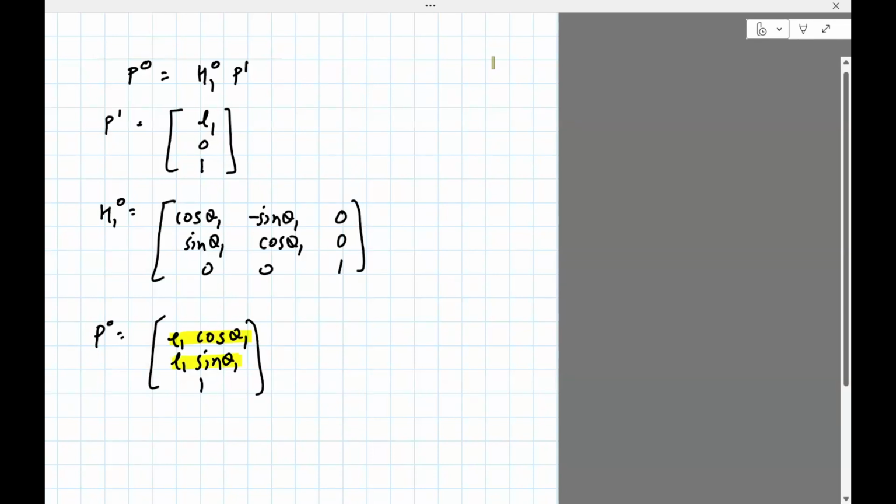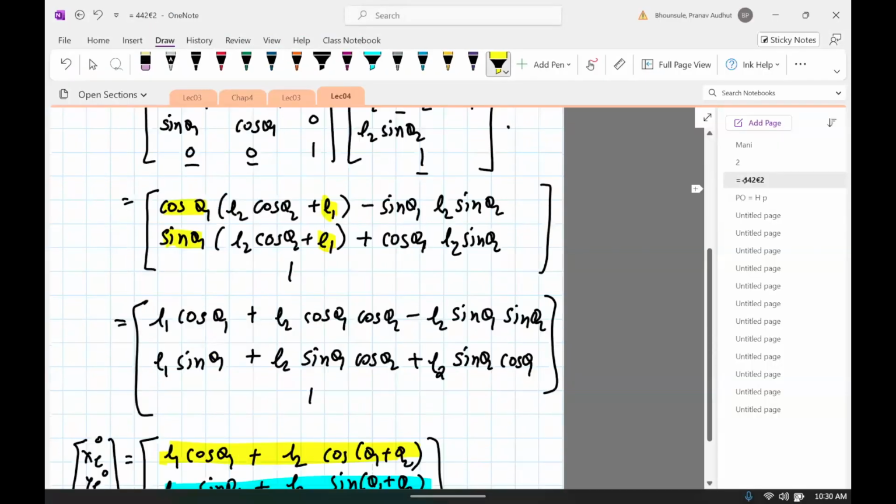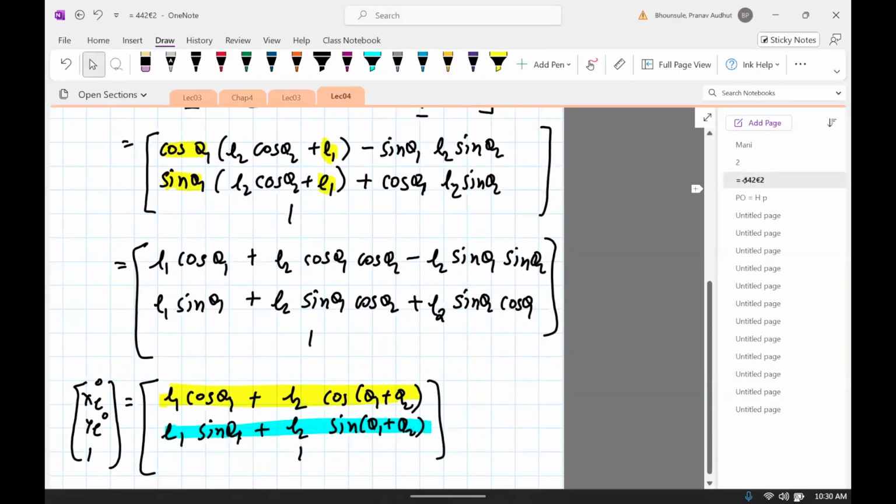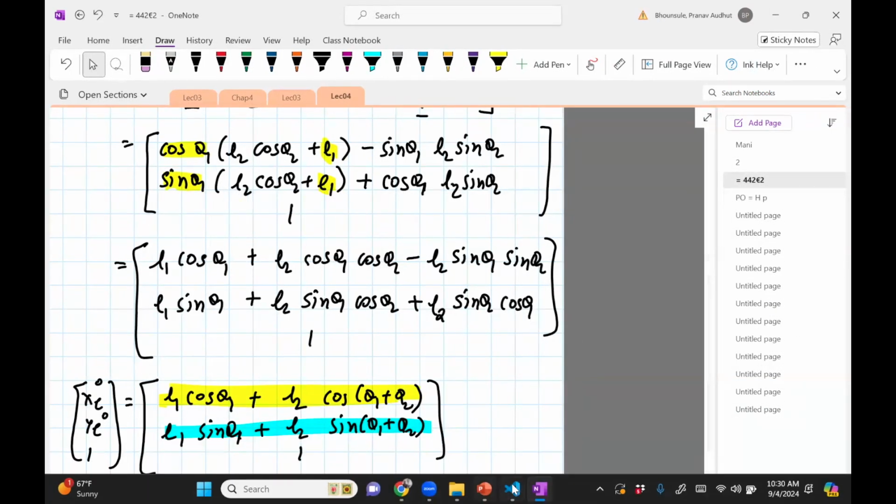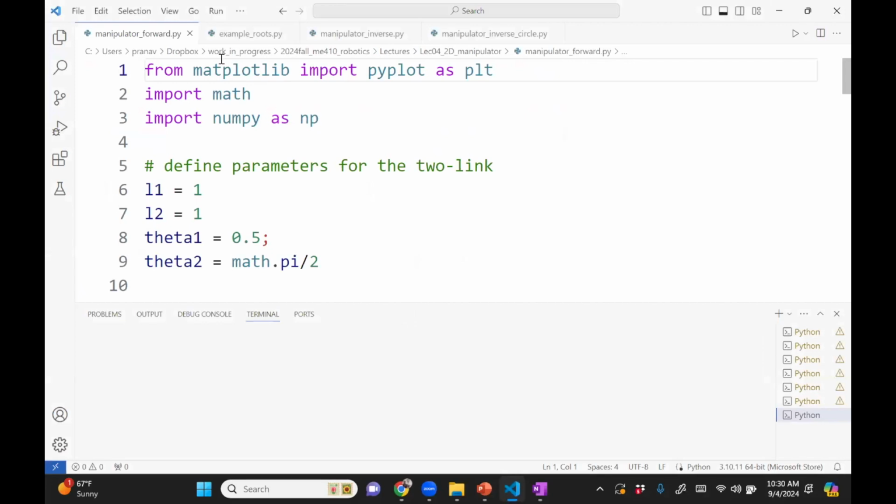So we've got the point O, which is 0, point P, which is the formula I wrote down here, and then we have the point E. So we have O, P, and E. All we have to do is join a straight line, and we know how to draw a straight line. So here, I'm going to give all this code to you, but I just wrote a code which does exactly that.